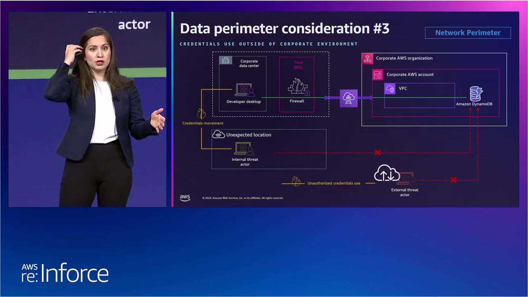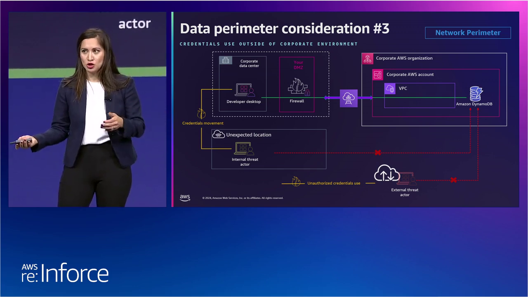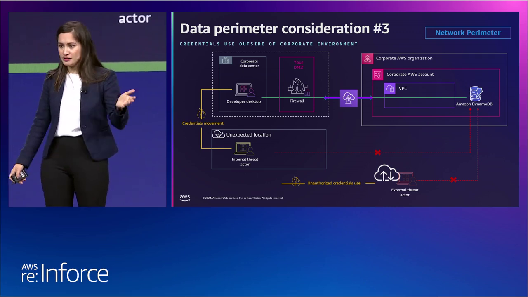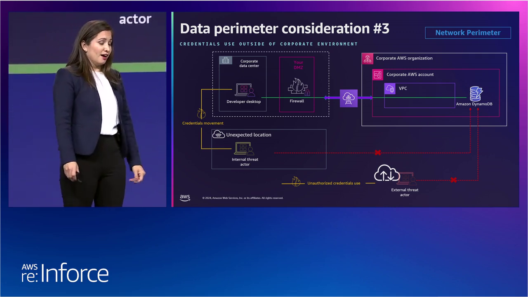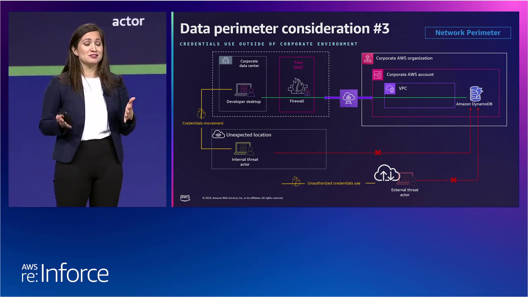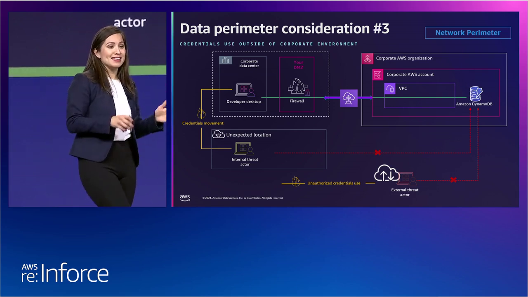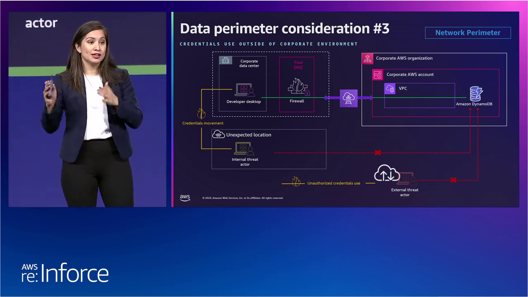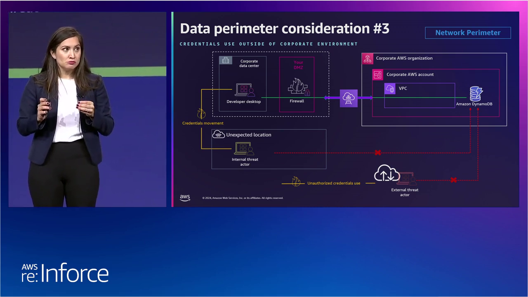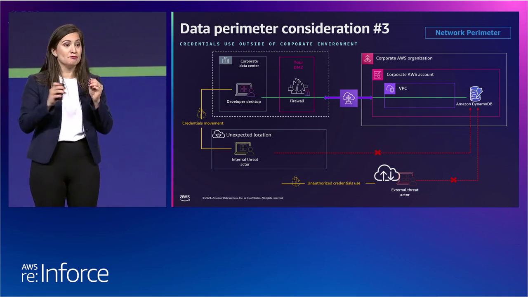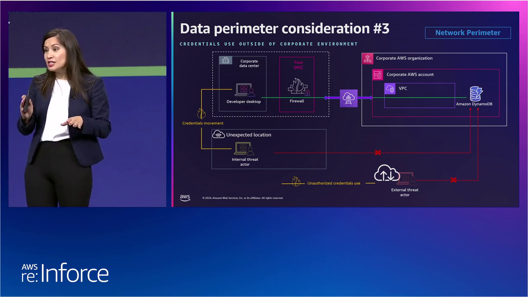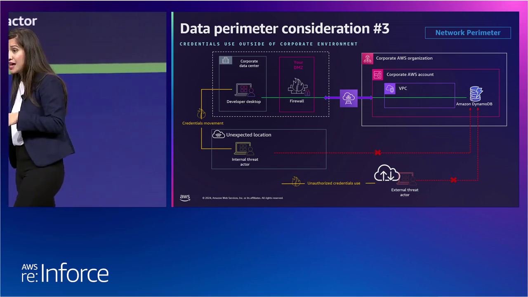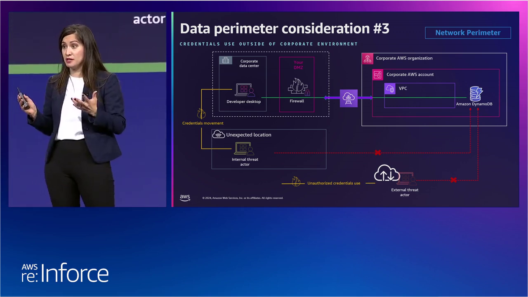Maybe the developer was working really hard, got tired, took his laptop, and decided to access company data from an unexpected network. So it doesn't have to be intentional. But accessing sensitive data outside of your network could lead to potentially this developer bypassing all of your security controls. And that could lead to unintentional data exposure in a public space.